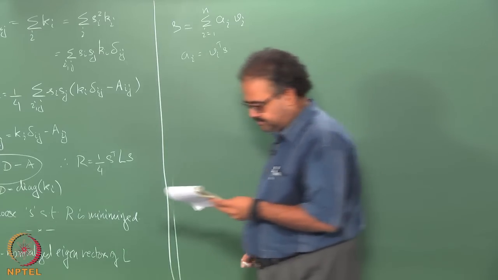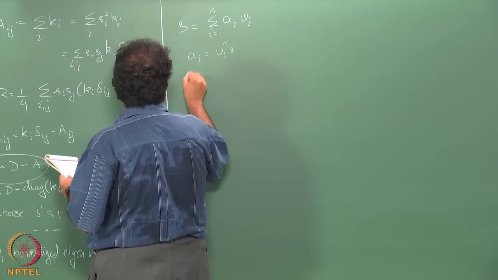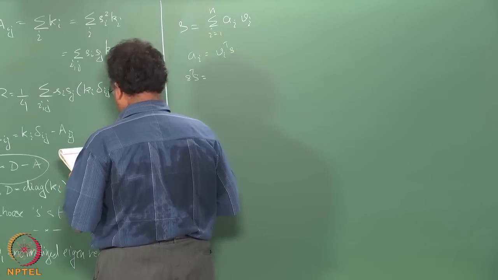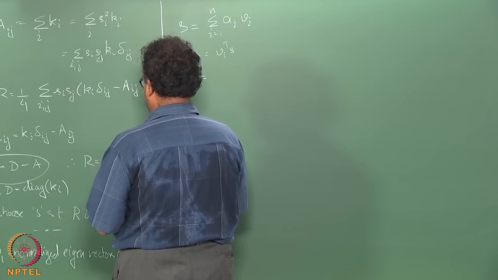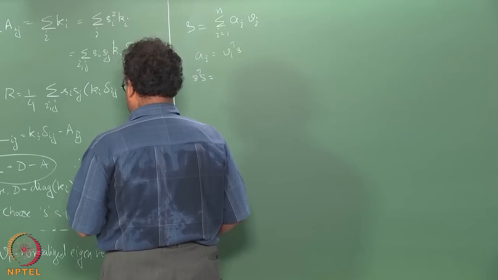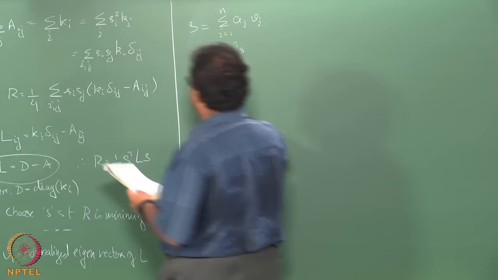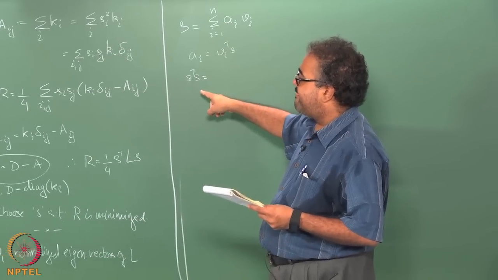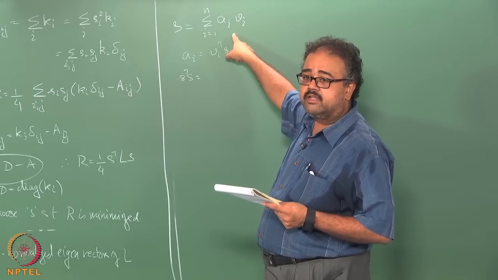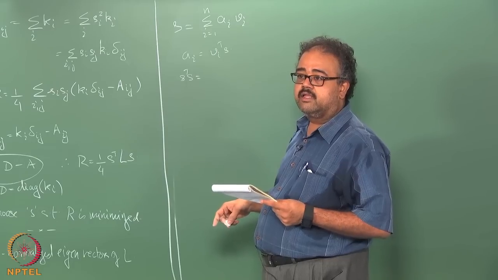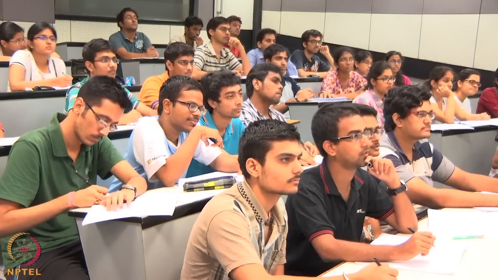Standard stuff. So note that S transpose S is N, and S transpose S is also the sum of a squared.